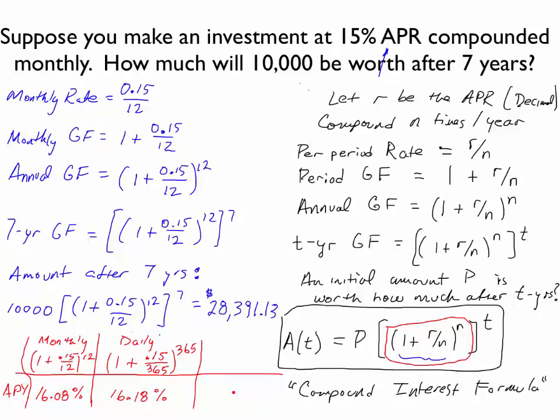Okay, so here's the moral of the story. As we compound more often, we get a higher APY, but it doesn't go off indefinitely. The percent just doesn't go to infinity. It levels off. So it's getting greater, but it's slowing down and leveling off. So what's the most that we could compound?